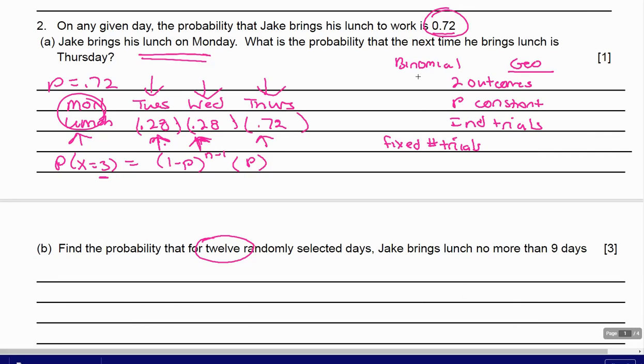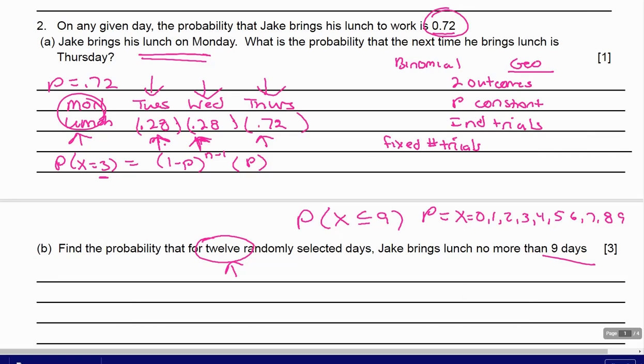And how do I write this? No more than 9 days. The probability that X is what? Less than or equal to 9. Now, how many trials are there? So that means I have to figure out the probability of X equaling 0, 1, 2, 3, 4, 5, 6, 7, 8, and 9.